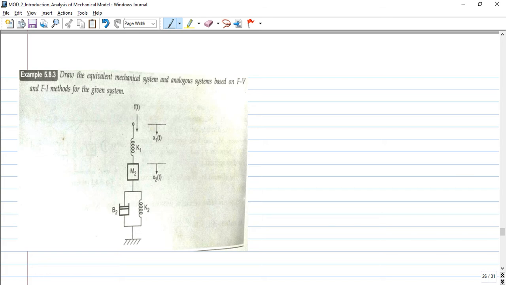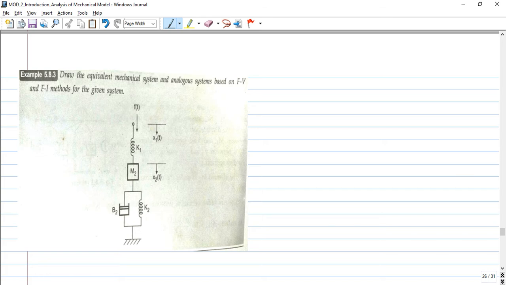Okay, so as you know, in force voltage, we will replace our mechanical elements in terms of electrical elements. So force will be replaced by voltage, friction will be replaced by resistance.